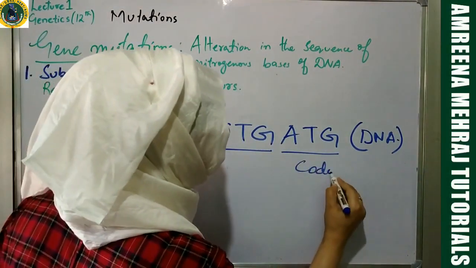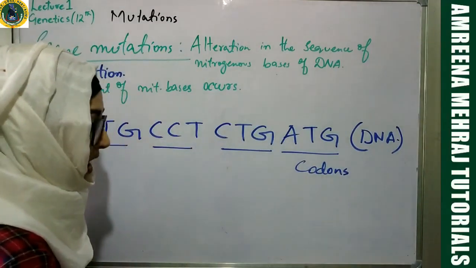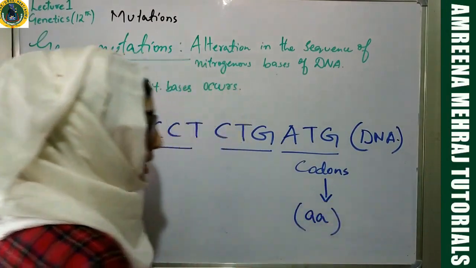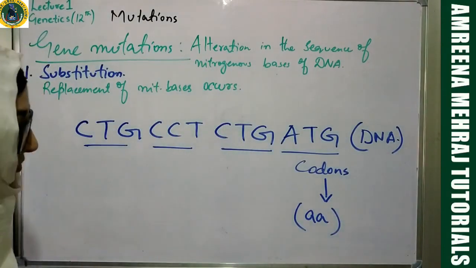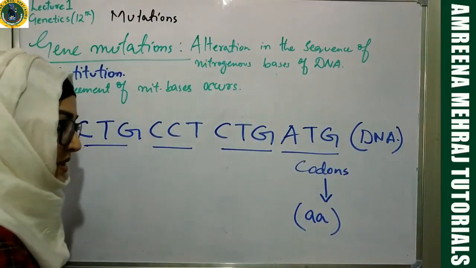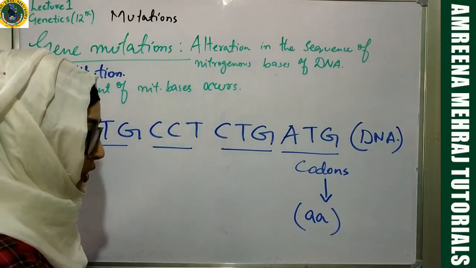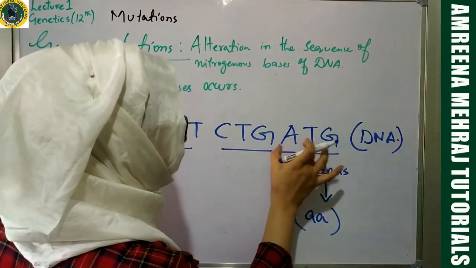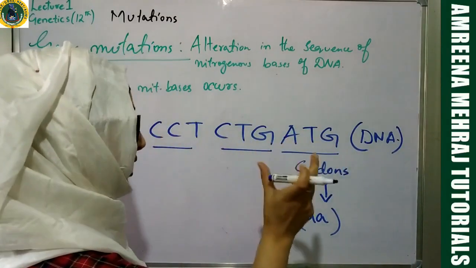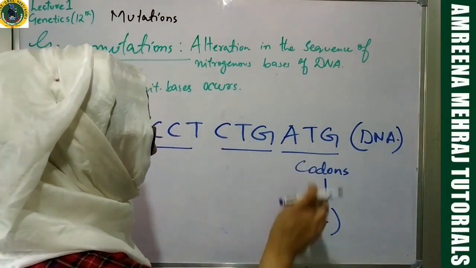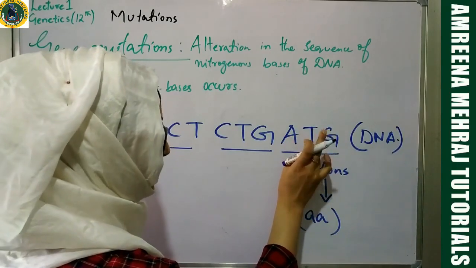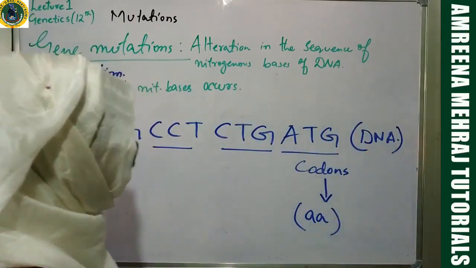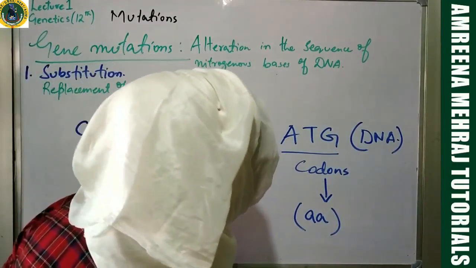They are your codons. One codon has information for one amino acid. They are very specific. Although you have certain amino acids which are represented by more than one codon, you have to remember this basic thing that once you have this sequence ATG, it will be specific for a particular amino acid. If something wrong will happen to it, there are chances that maybe it will not code for that amino acid or it will code for some other amino acid. This information is very important.